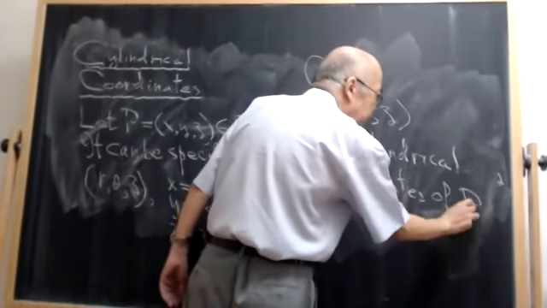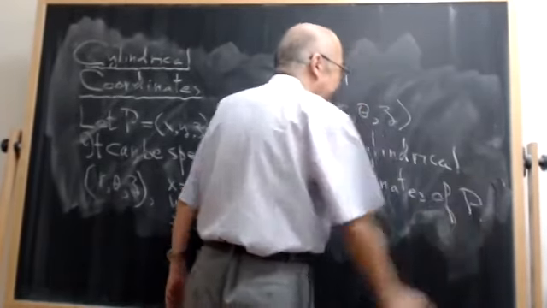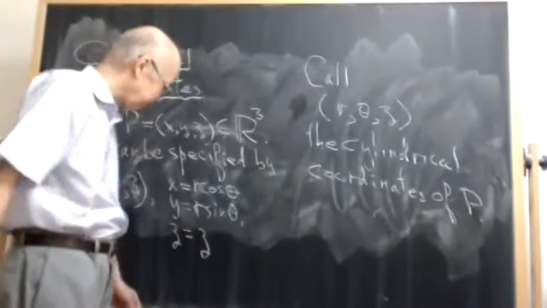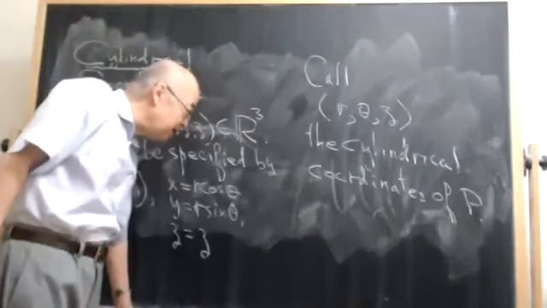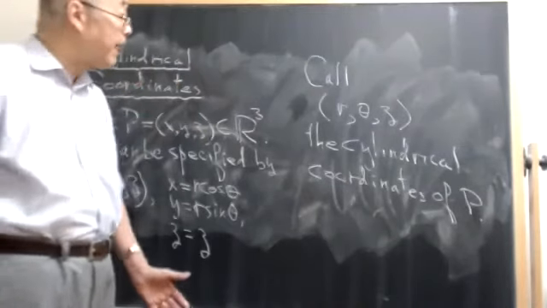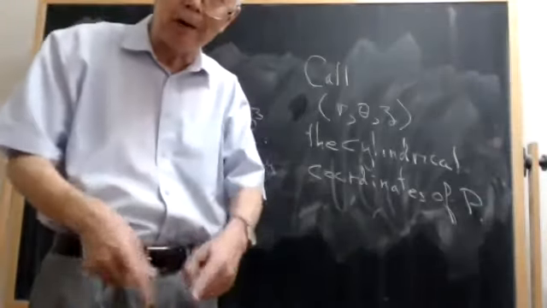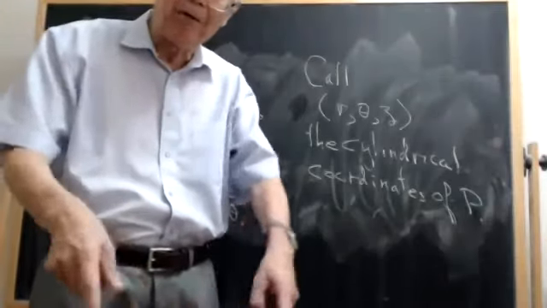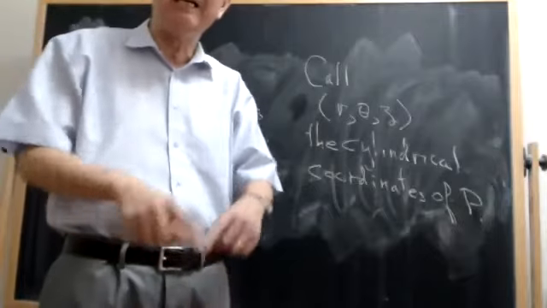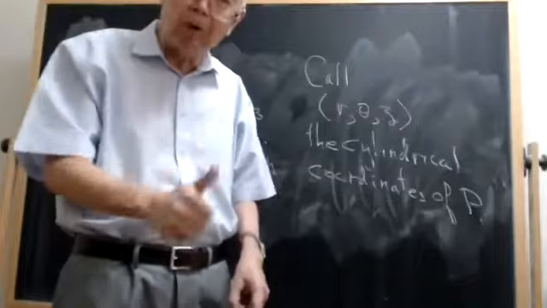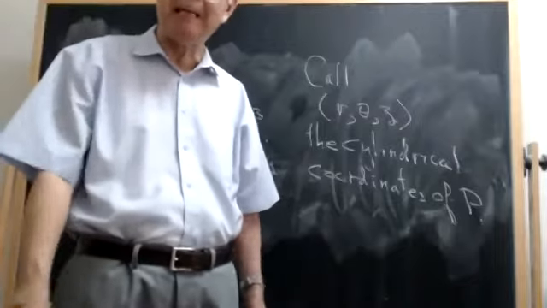Actually, I did not want to talk about this today. But it's all right. So cylindrical coordinates are not too difficult. You only use polar coordinates for the base point in the XY plane, and the Z coordinate remains intact.